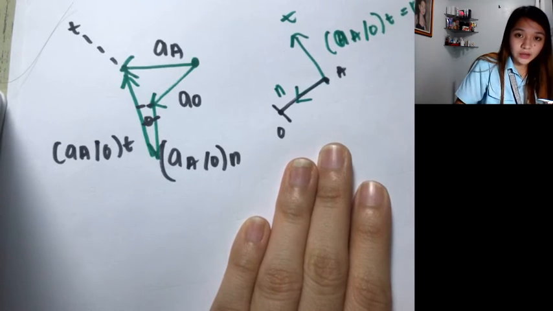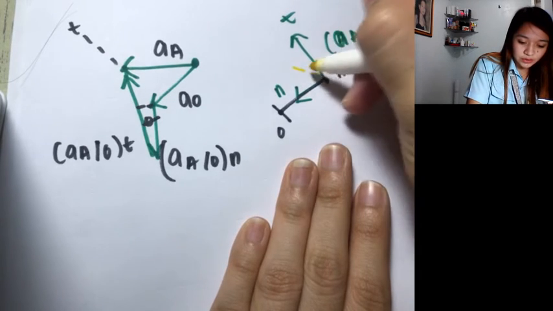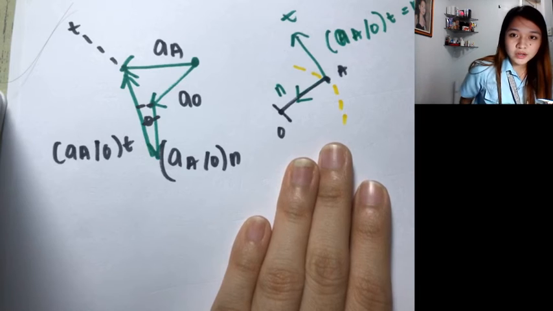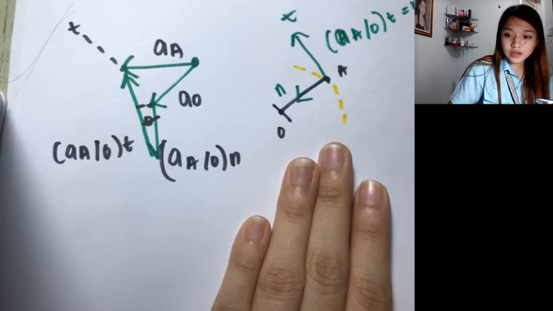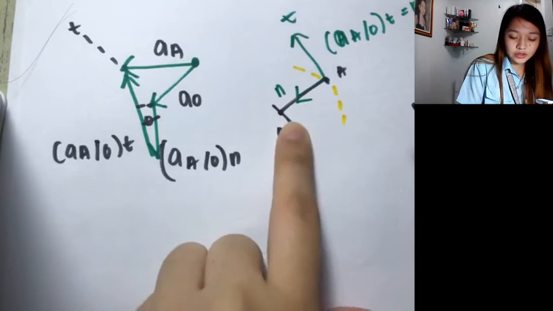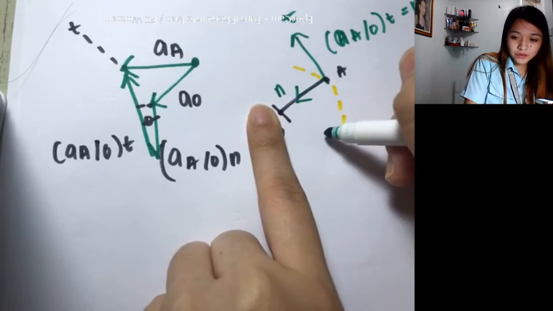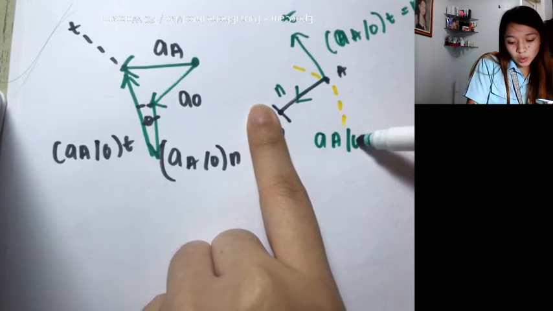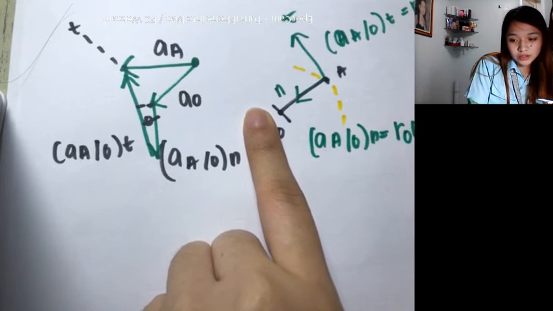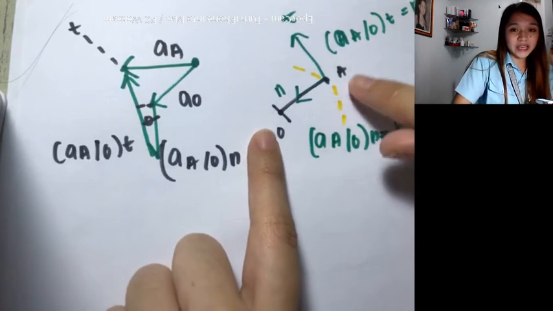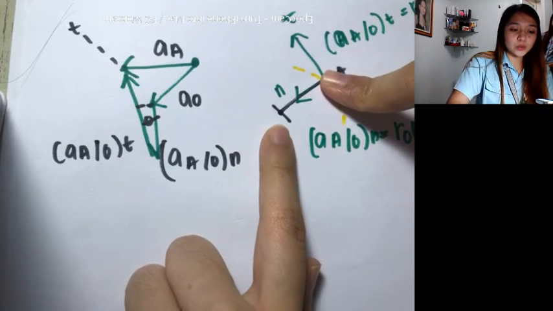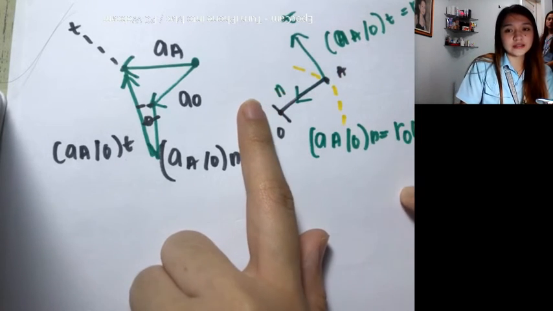Then at point A, we have the path of point A, which is this one, colored yellow. And then the normal, A to O normal, is equal to R sub O angular squared. So what if we twist the O to A, not just simply twist, but to have different coordinates?